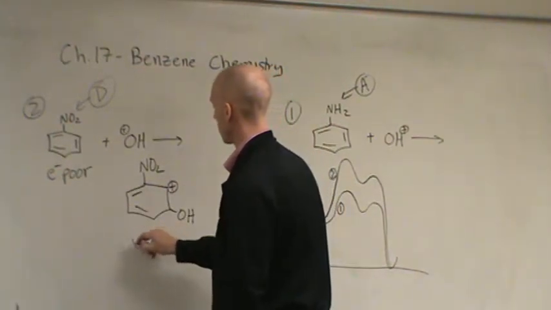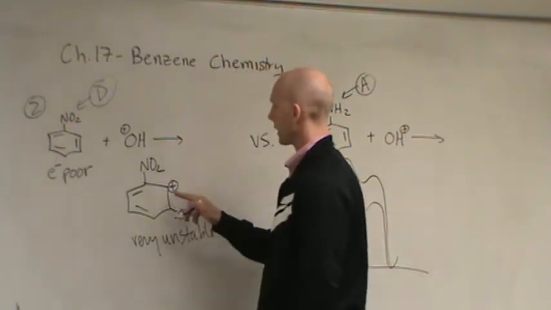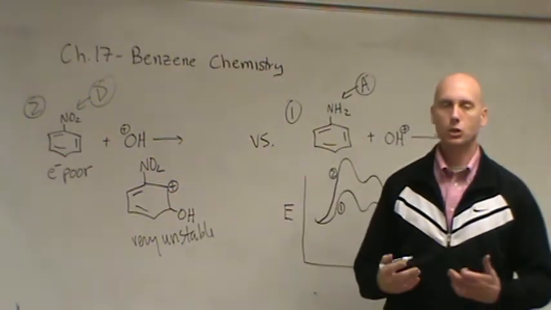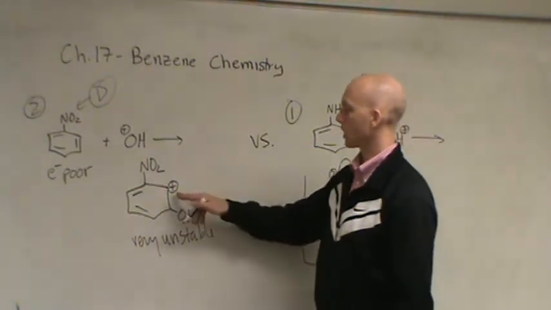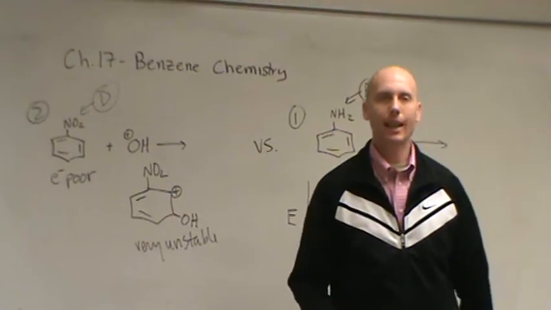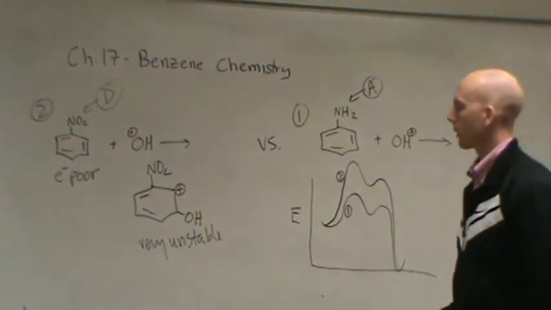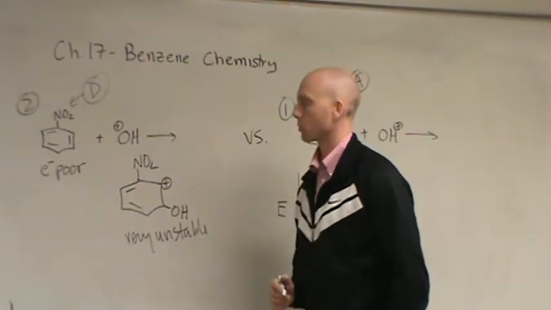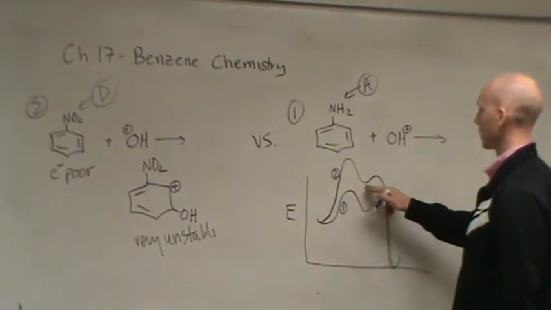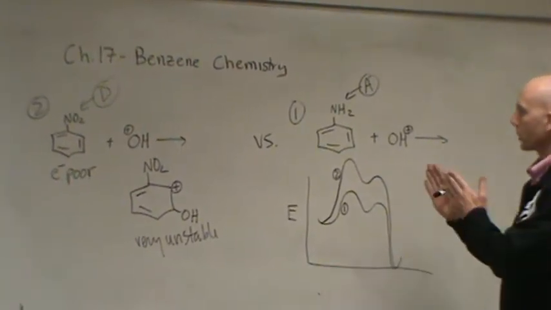So this thing is very unstable. It doesn't matter if the positive charge is on there or just in the ring, it's very unstable. Now if the positive charge went there next to the nitro, remember, that really heightened, that escalated the instability. Okay? But I'm just looking at just introducing a positive charge into the ring in general. So that causes the sigma complex to be higher. So that's the difference between the two.